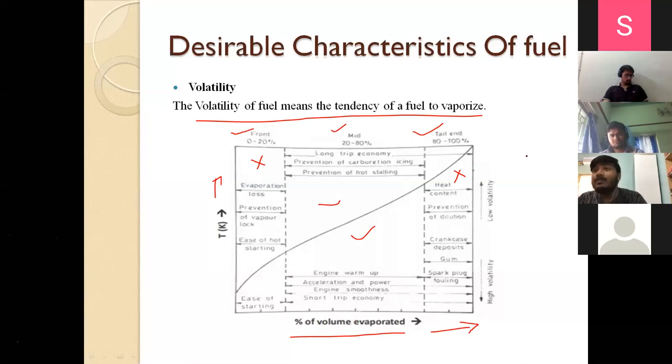So what is the main problem if the fuel volatilizes more? It means it has a higher amount in the mixture, and we know that we need lubrication in the engine for its smooth running between the cylinder and the piston. But if the fuel has high volatility, it will mix more in the air and mix homogeneously in the mixture.